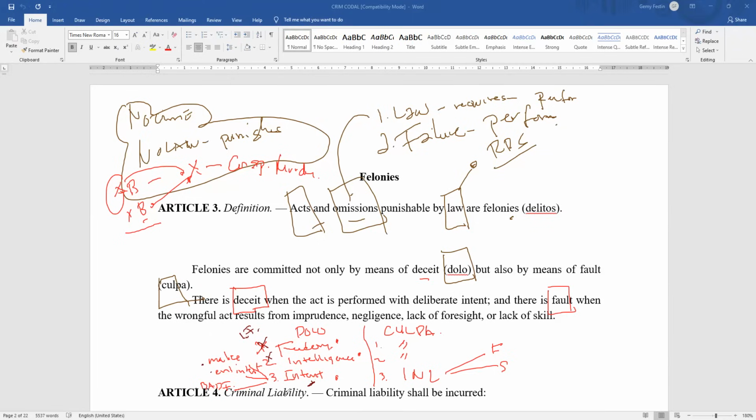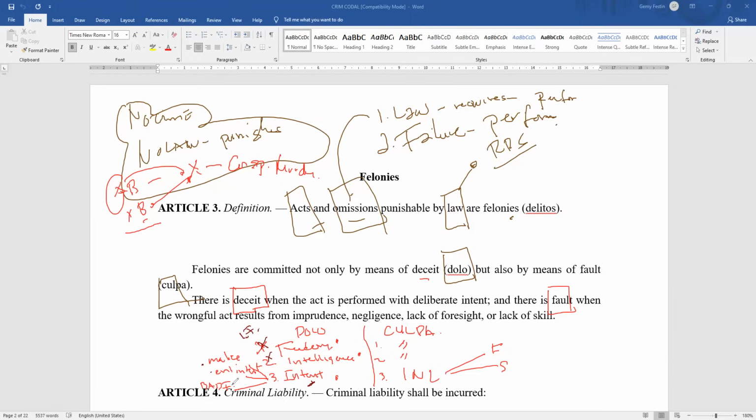Kung nabuhay yan at walang intent to kill, physical injuries lang yan. Di ba? Now, in the crime of robbery and theft, dapat merong intent to gain. Okay? Pagka-rape, there is lewd design. Pagka-kidnapping, there is deprivation of one's liberty or freedom.